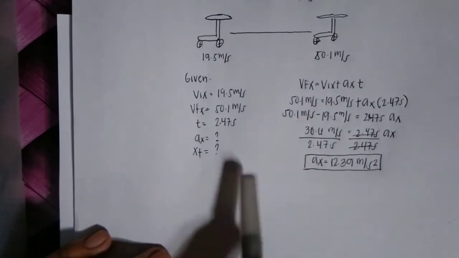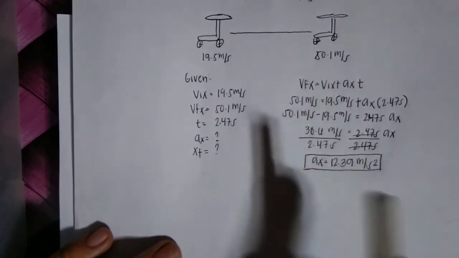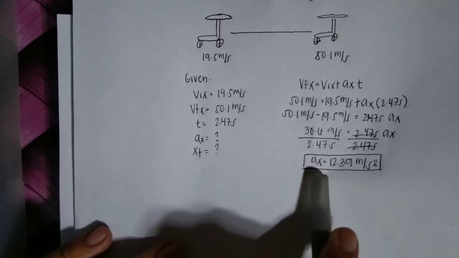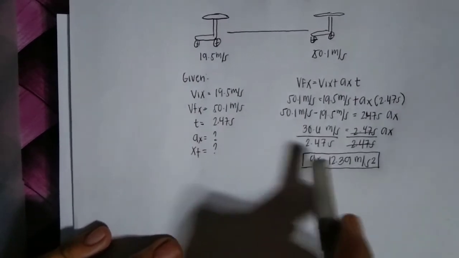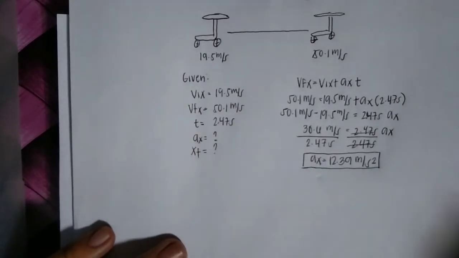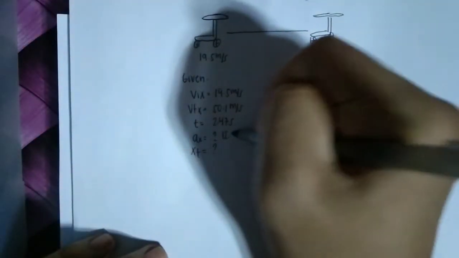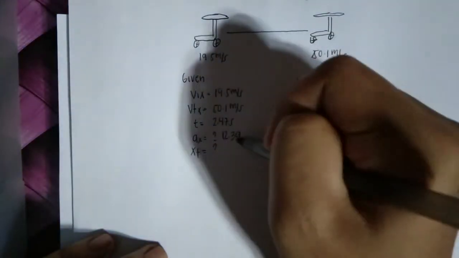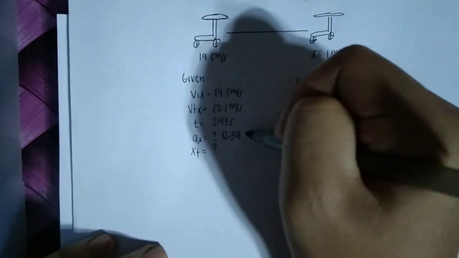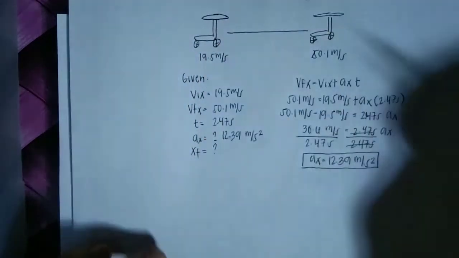But before that, ilalagay muna natin yung acceleration na value na 12.39 meters per second squared dito sa given values dahil nahanap na natin siya. So, hindi na siya question mark. So, magiging 12.39 meters per second squared.